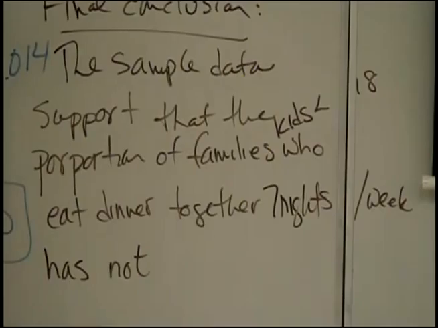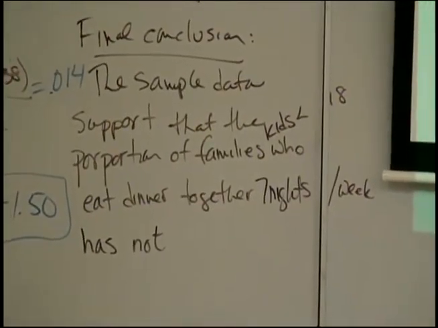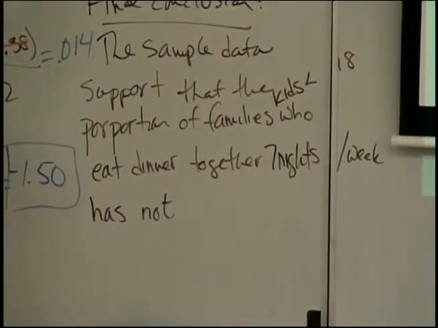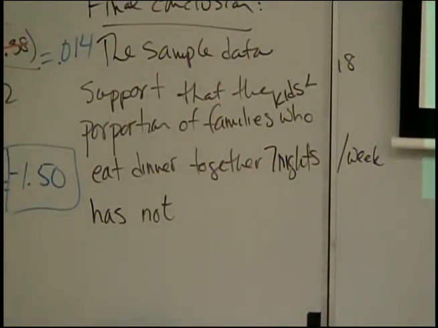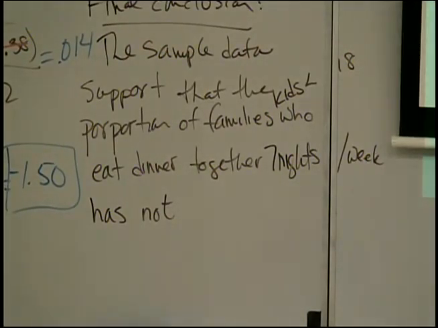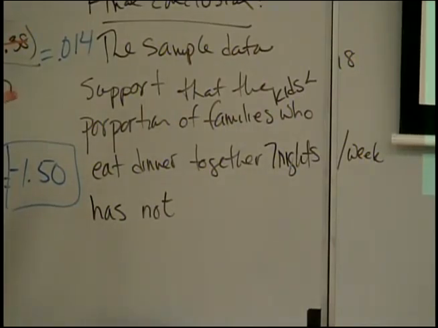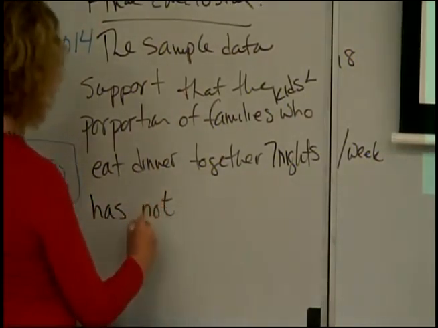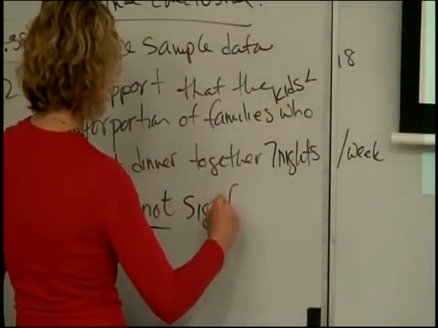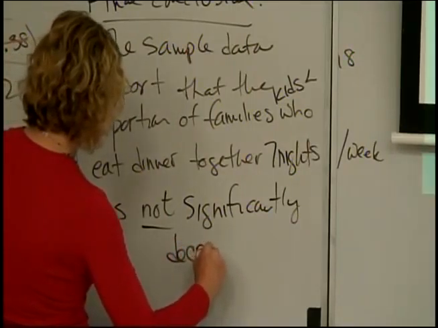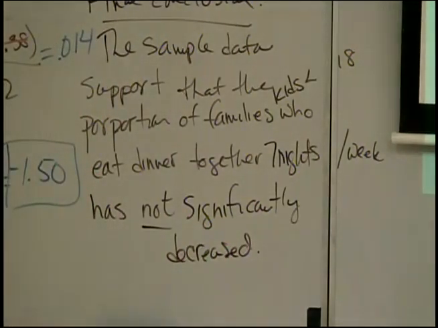And some of you are writing sentences that don't make sense. It's not even a complete sentence. So go back after you're done and read your sentence through yourselves, okay? The sample data support that the proportion of families with kids under 18 who eat dinner together 7 nights a week has not significantly decreased. You guys okay with that? Does this make sense? Yes.